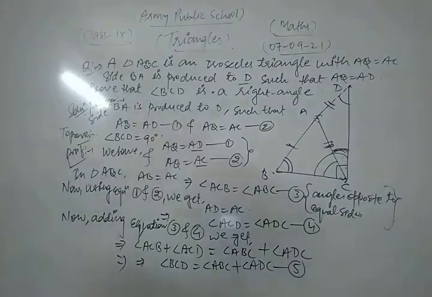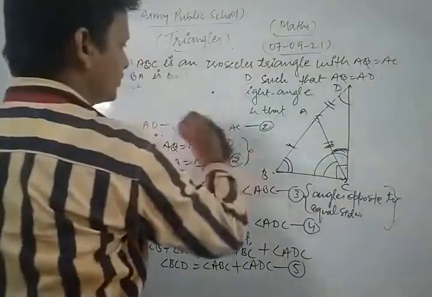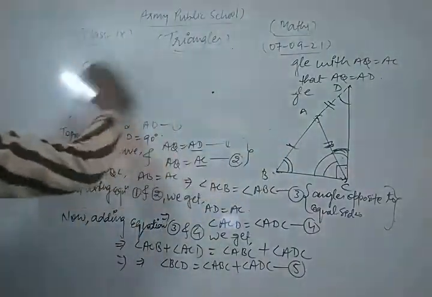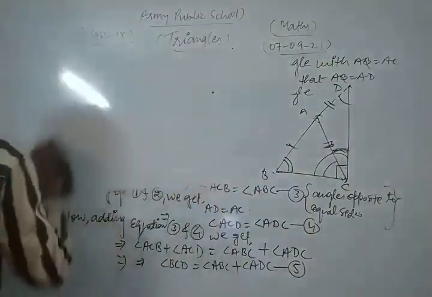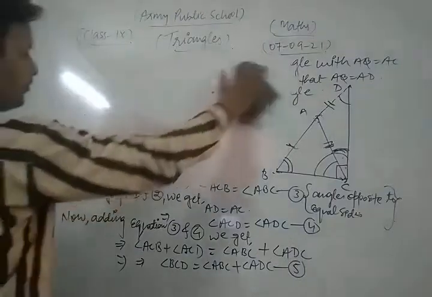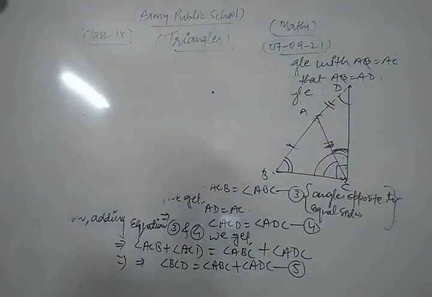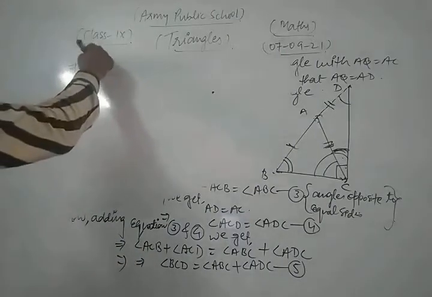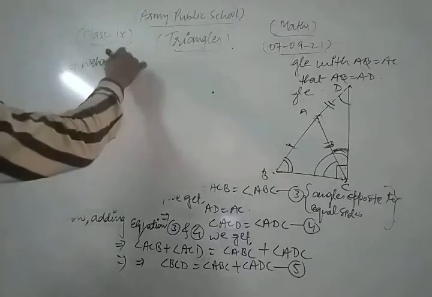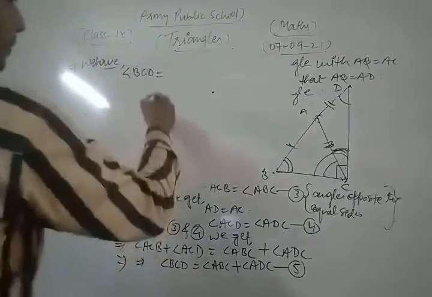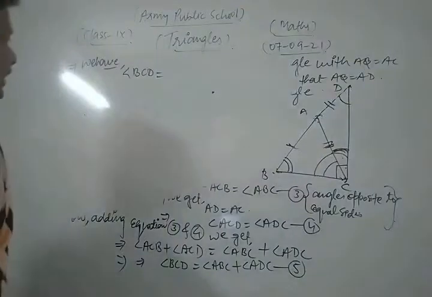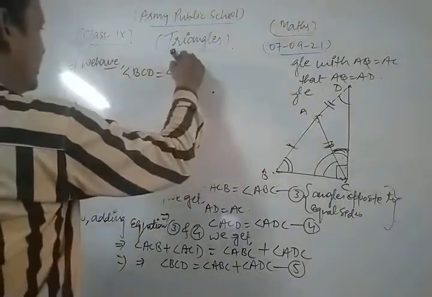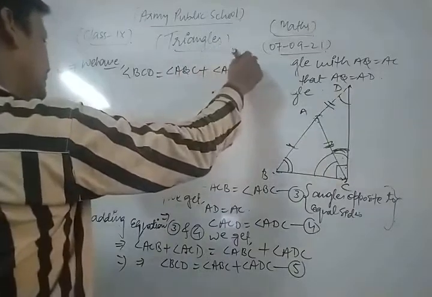Now look, we have angle BCD, which we have to prove is a right angle, equal to angle ABC plus angle ADC.